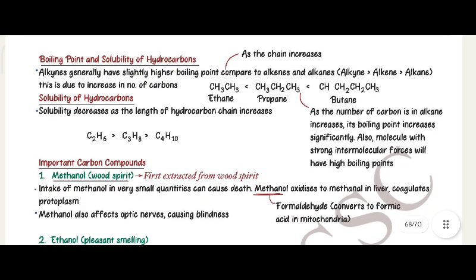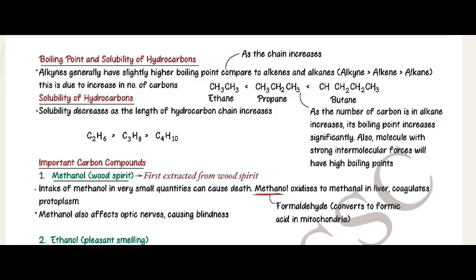Boiling point and solubility of hydrocarbons. Alkanes generally have a slightly higher boiling point as the chain increases. Alkenes have a higher boiling point than alkanes.